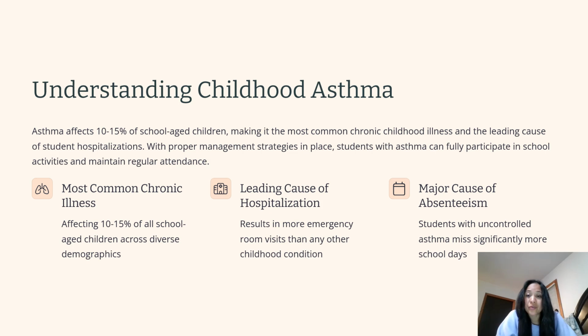Students with uncontrolled asthma miss significantly more school days than other children. But the good news is that with proper management strategies in place, like a plan, students with asthma can fully participate in school activities and maintain regular attendance.